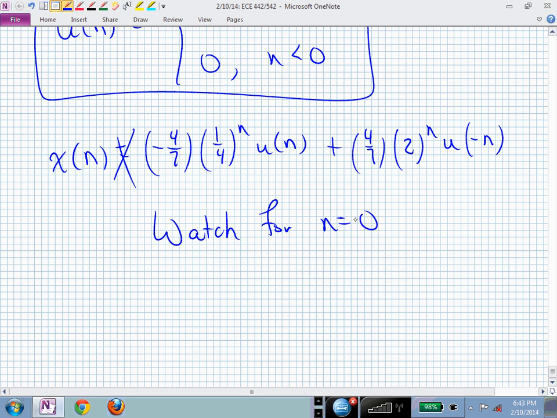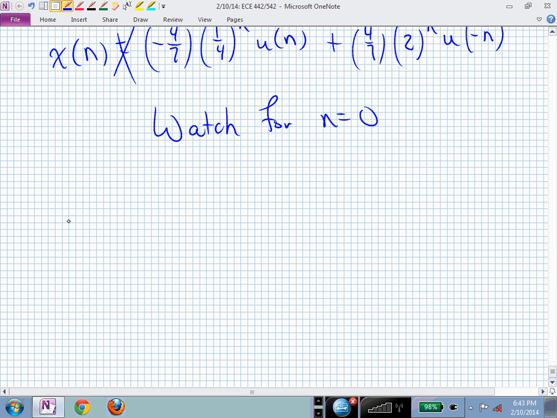Does everybody see what's happening? This u would be on at 0, that u of minus n. And that would then give me 4/7 times 2 to the 0, which is 1. And I don't want that piece. So a cleaner way might be to just do it in 2 pieces.